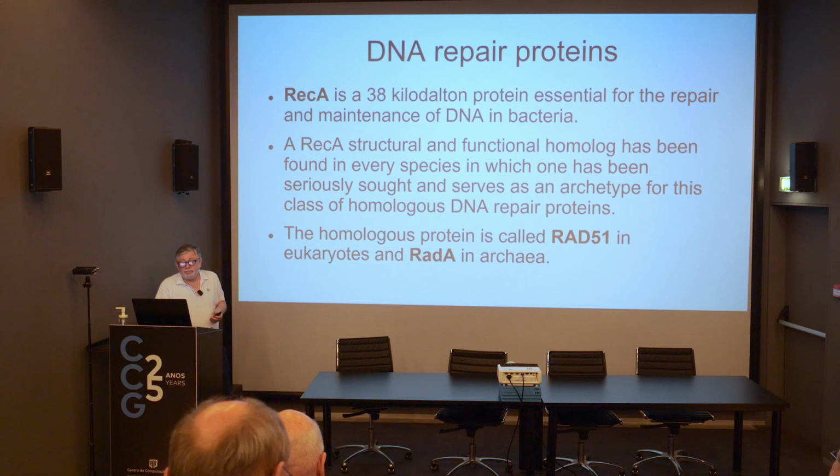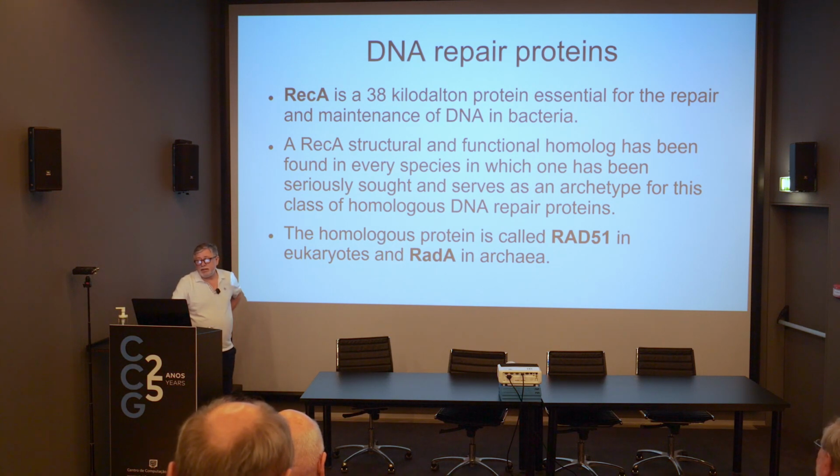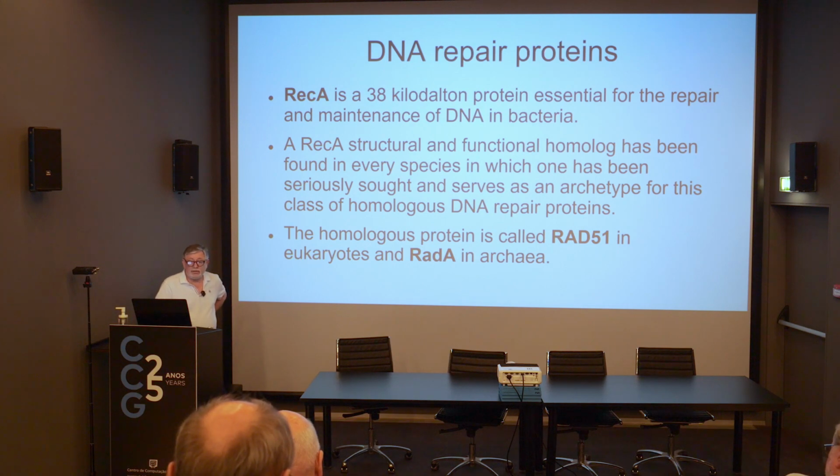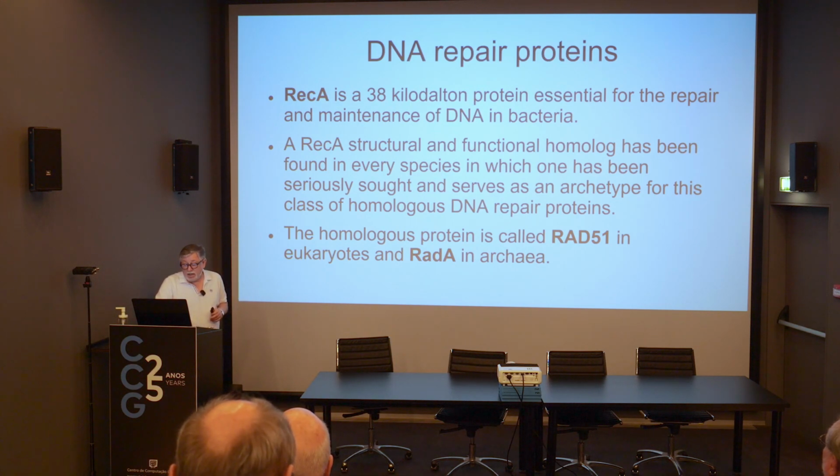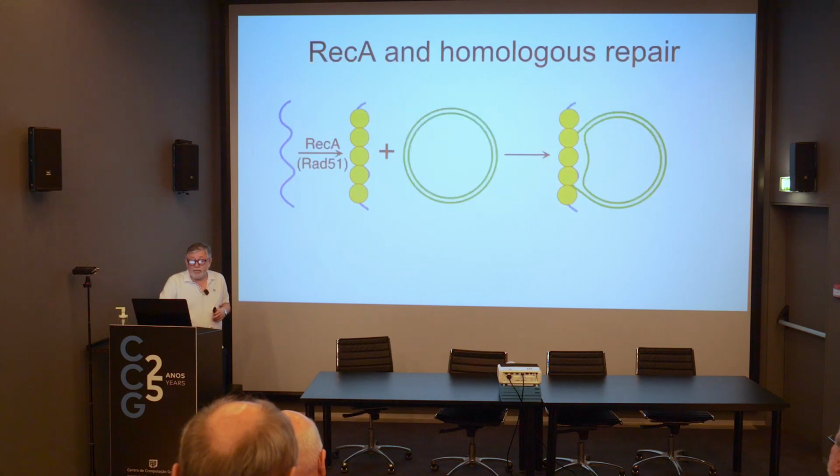So basically, REC-A is a 38 kilodalton protein. As I said, it's essential for the repair and maintenance of DNA in bacteria, and it has been found in every species and serves as a sort of archetype for this class of homologous DNA repair proteins, RAD-A and RAD-A.